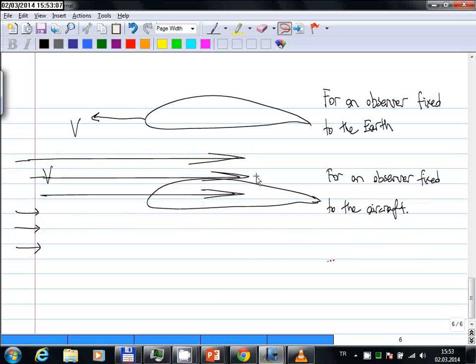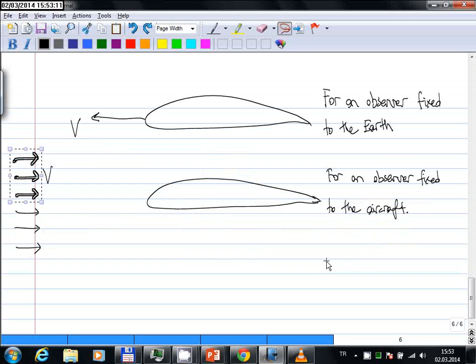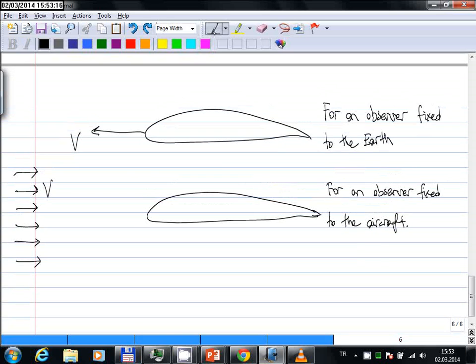So what happens? These streams of air need to somehow find their way around the airfoil. They cannot disappear. They cannot go through the airfoil. So they have to find their way around it.